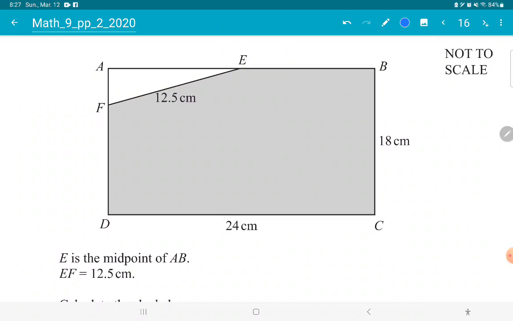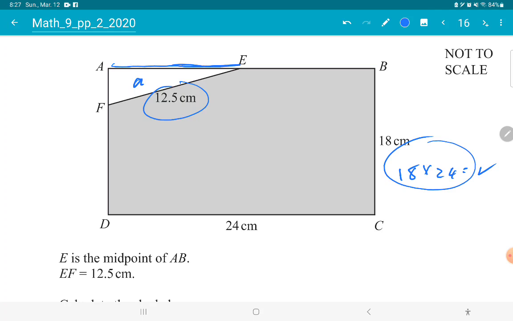So first calculate the big rectangle. That's 18 times 24, whatever. And then now we need to call this A or small a. So capital A will be this minus small a. Small a equals what?